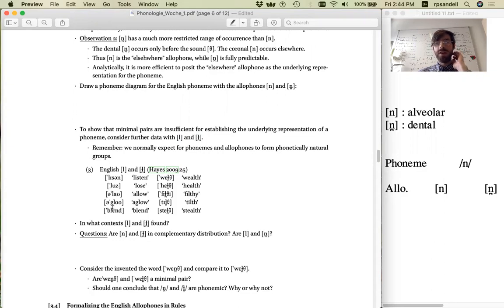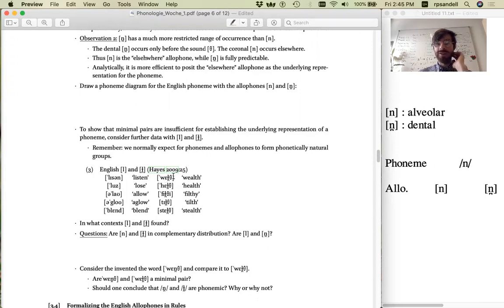So at the very beginning of a word or preceding a vowel in English, we find the light L, as in listen, lose, allow, aglow, and blend. But preceding another consonant, generally in English, or at the end of a word, we find the dark L.